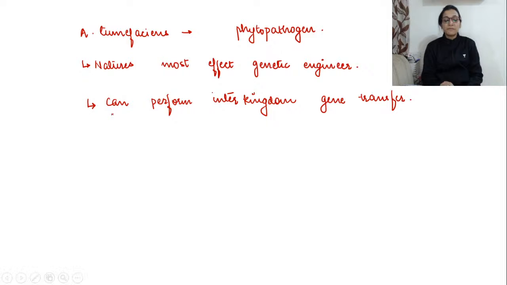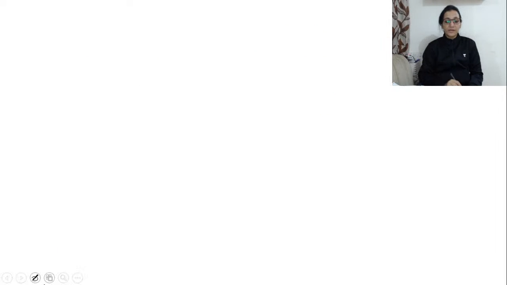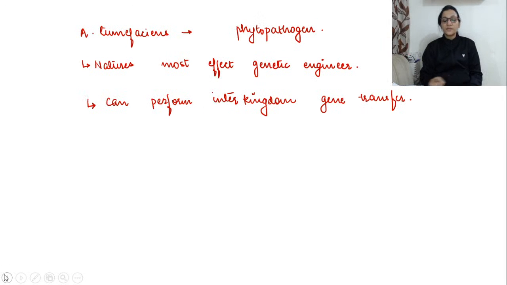In fact, the major credit for the development of plant transformation techniques goes to the natural unique capability of Agrobacterium tumefaciens. Thus, this bacterium is the most beloved bacterium of plant biotechnologists. They love this bacterium.